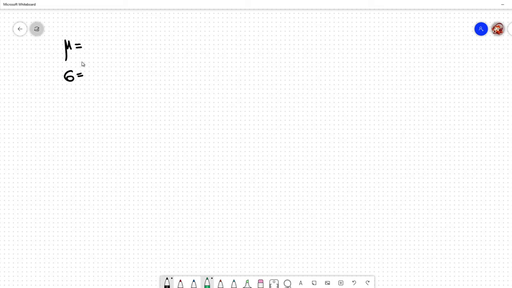So we are told that Tiger Woods hits a bunch of balls during a tournament, and that the average distance that the ball traveled was around 304 yards, and the standard deviation is 8.